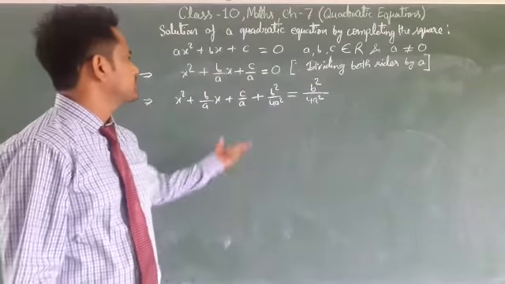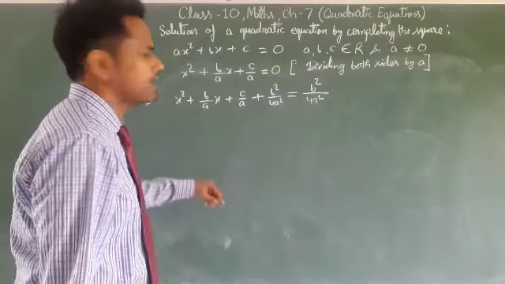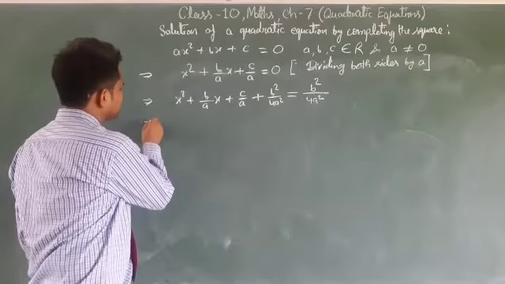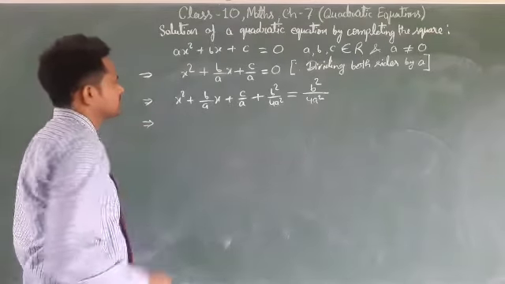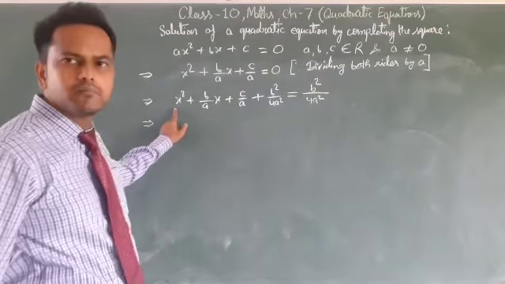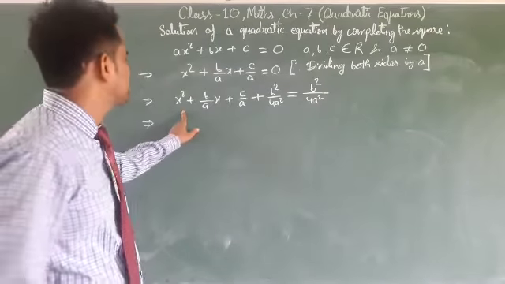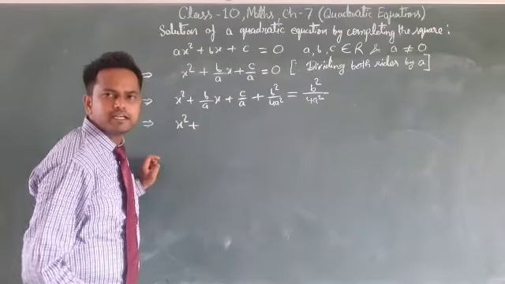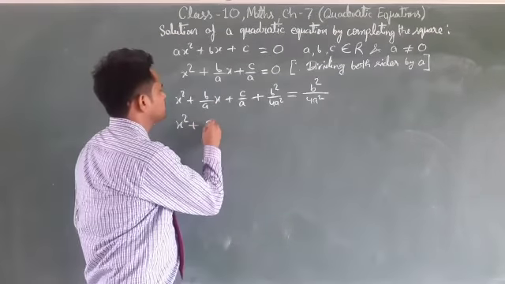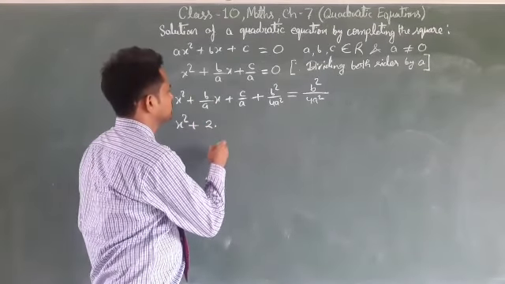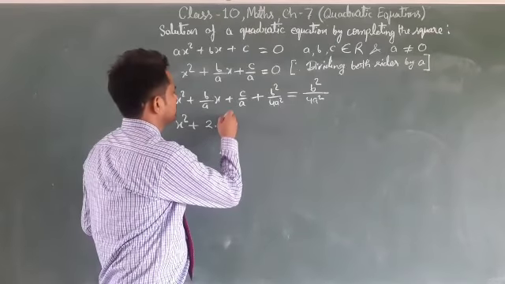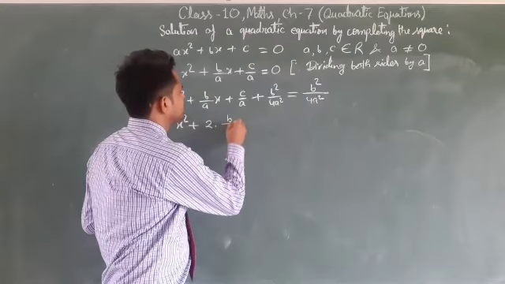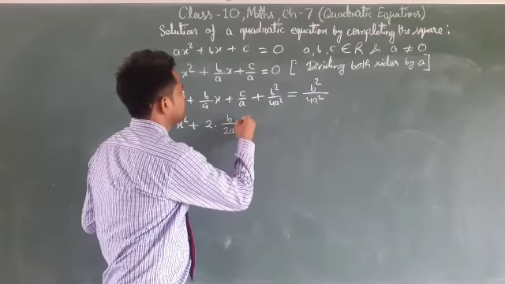Got it? Now, we have to arrange these terms so that this will become a perfect square. In x square, this term b by a x can be written as 2 into b by 2a into x.